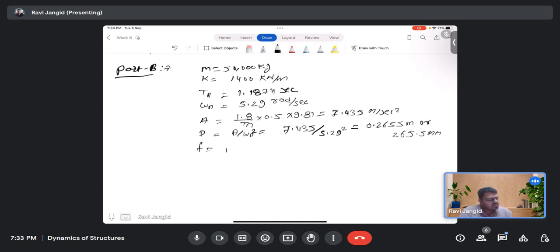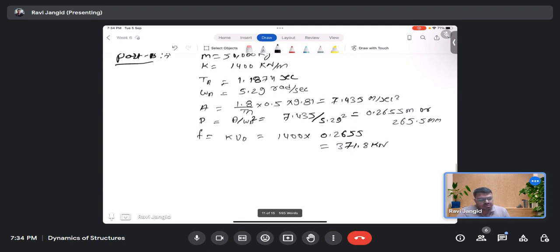So what is my base shear here? My base shear here is coming out to be 371.8 kilonewton. That is okay.